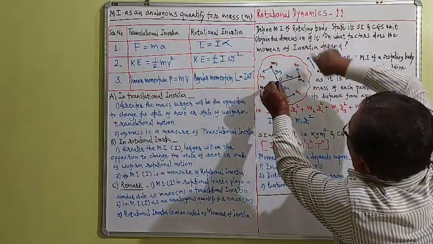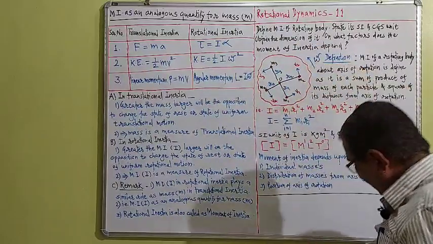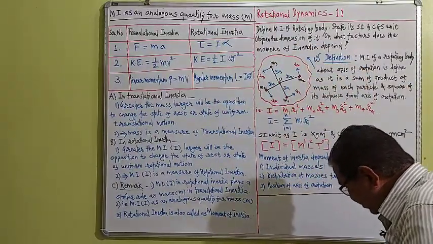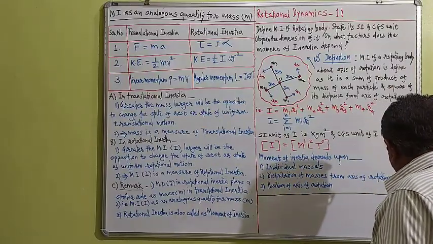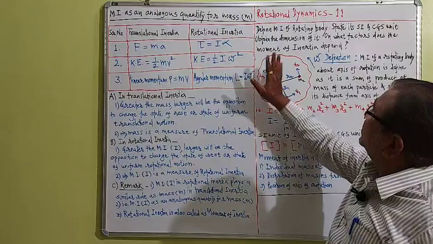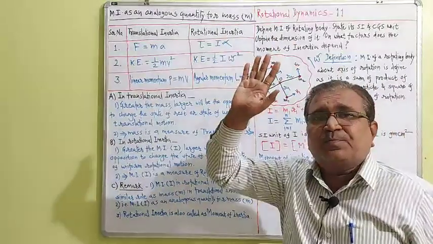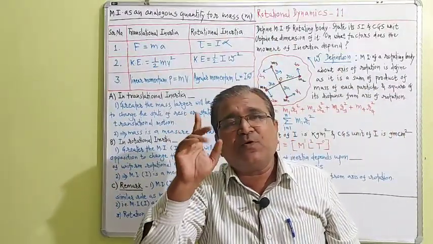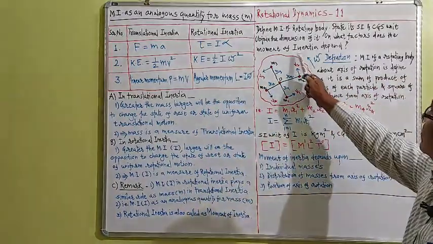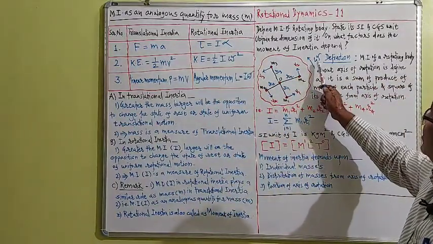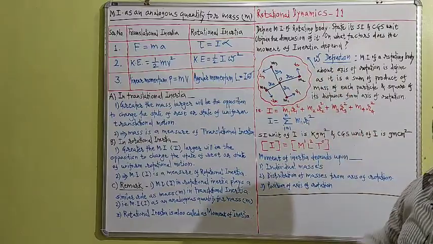the body is rotating with constant angular velocity omega. That is the most important thing. Before preparing a definition, consider a body rotating with constant angular velocity omega.